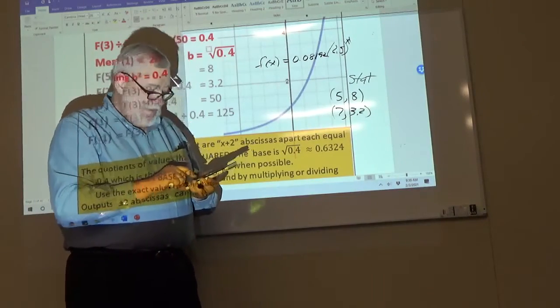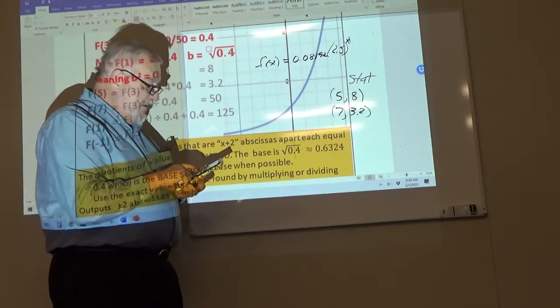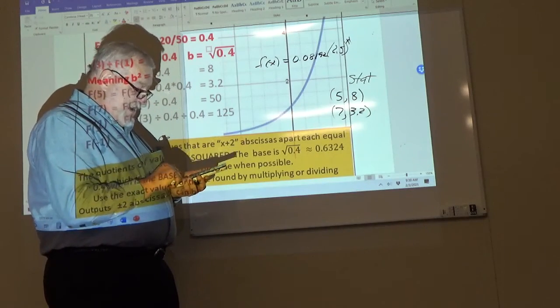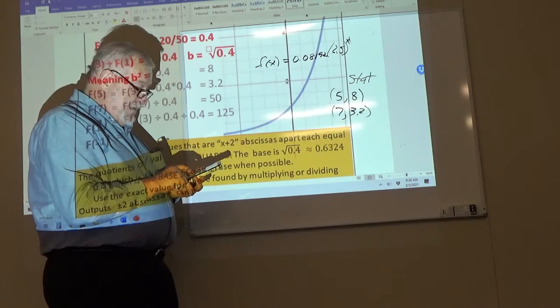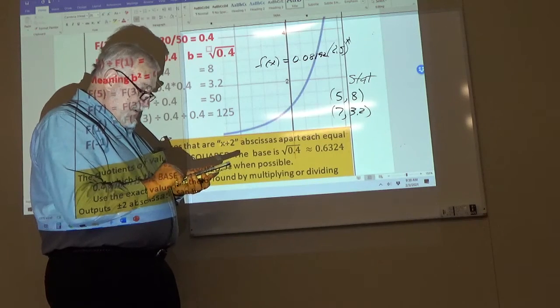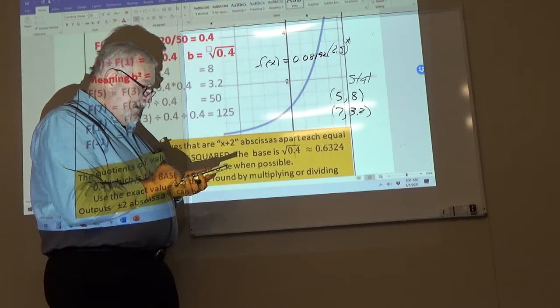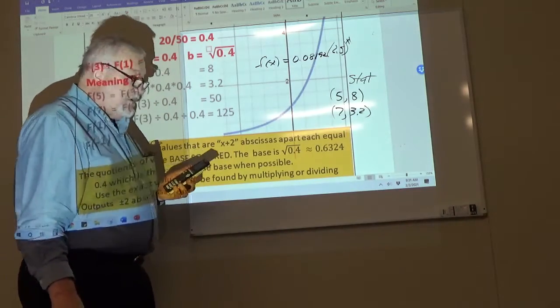Edit. So go to 1, and then we want the x values to be 5, enter, 7, enter, and then we go over to the y values, and it needs to be 8, enter, and 3.2, enter, and then everything else should be cleared out.